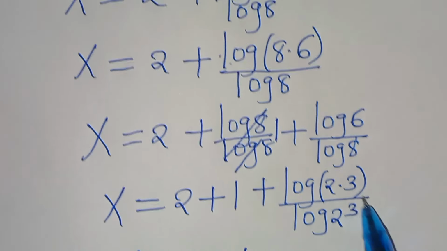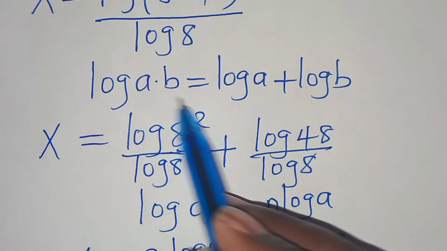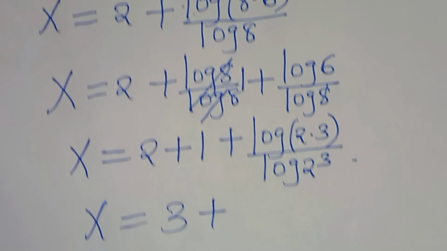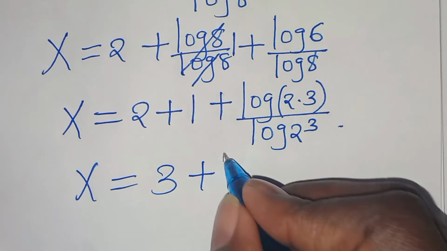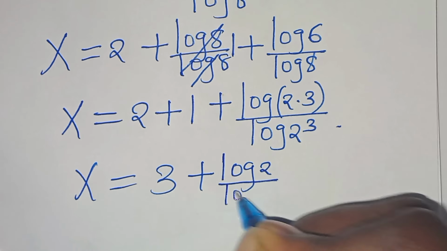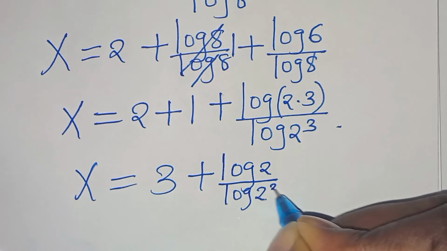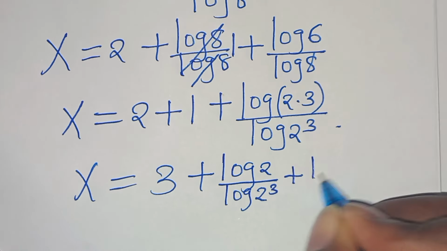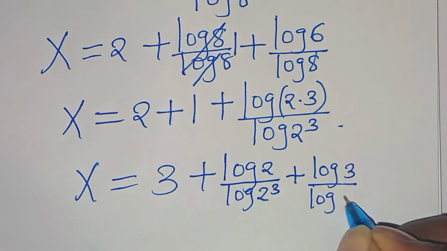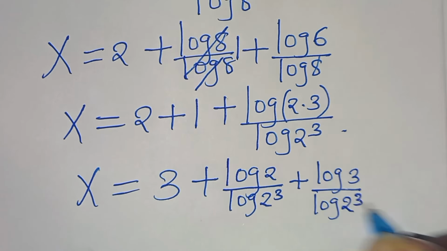Again, this is in the form of log a times b, which is log a plus log b. So that now here we have log 2 divided by log 2 to the power of 3, then plus log 3 divided by log 2 to the power of 3.